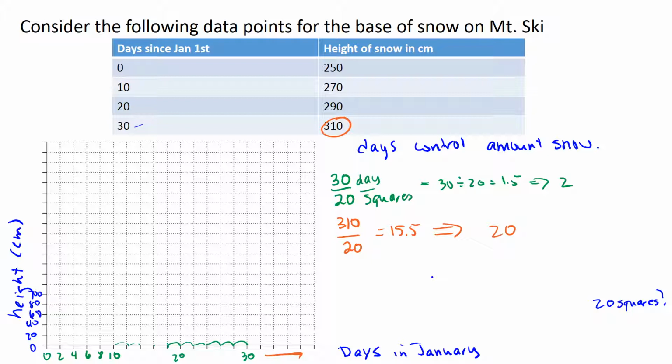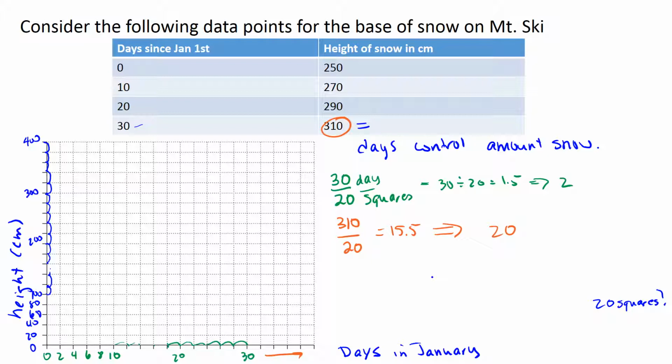And now I'm going to jump a couple and put the labels on only a couple of them. So 120, 140, 160, 180, 200, 220, 240, 260, 280, 300, 320, 340, 360, 380, 400. And we know we're not going to go all the way up to 400. We're only going up to 310.